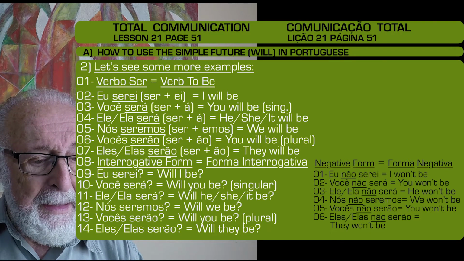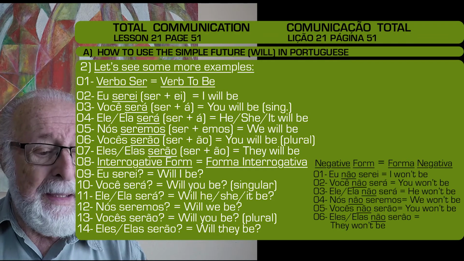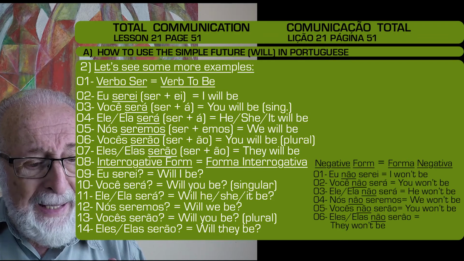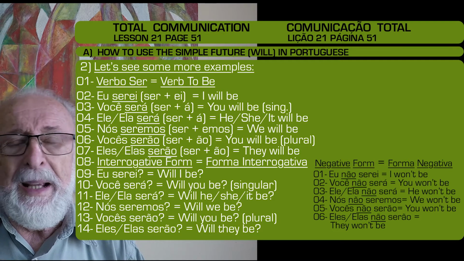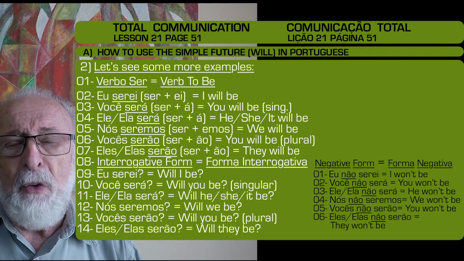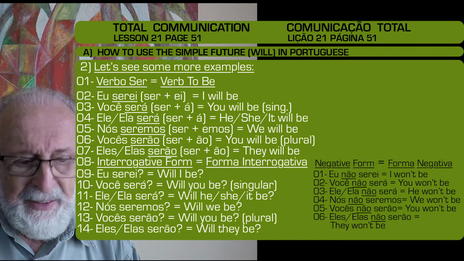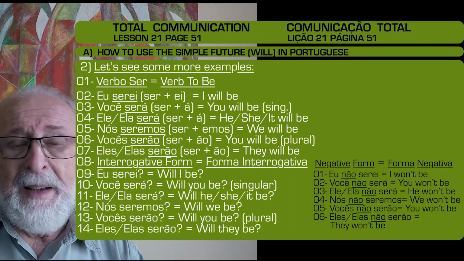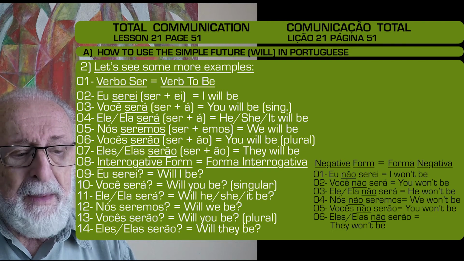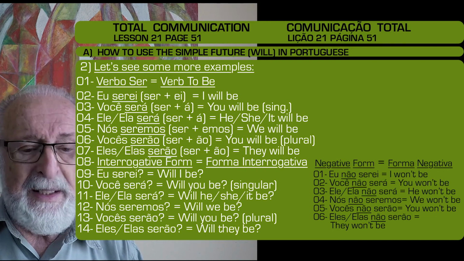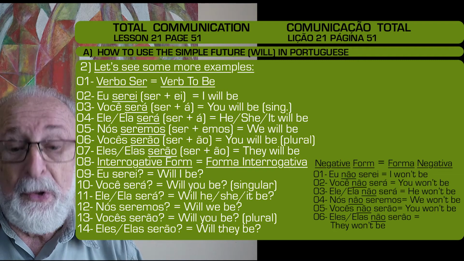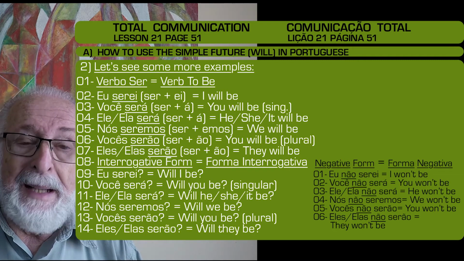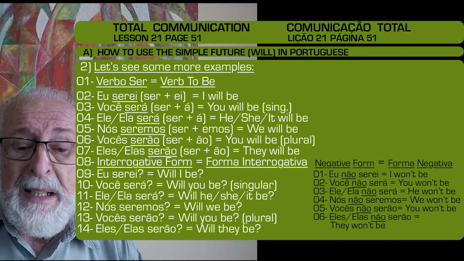All right. Let's go now to line 7. Eles or elas serão. Both mean they in English. Masculine and feminine, okay? Eles serão, elas serão, which is they will be. In line 3, you have you will be, singular.